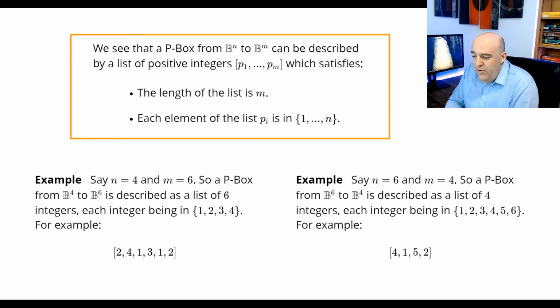Well, it'll be a list of 6 integers, and each integer needs to lie between 1 and 4. For example, 2, 4, 1, 3, 1, 2 would represent a P-box from B4 to B6. And then another example here, let's say n is 6 and m is 4. So a P-box from B6 to B4 would be described as a list of 4 integers, and each integer there must be between 1 and 6. So for example, 4, 1, 5, 2.